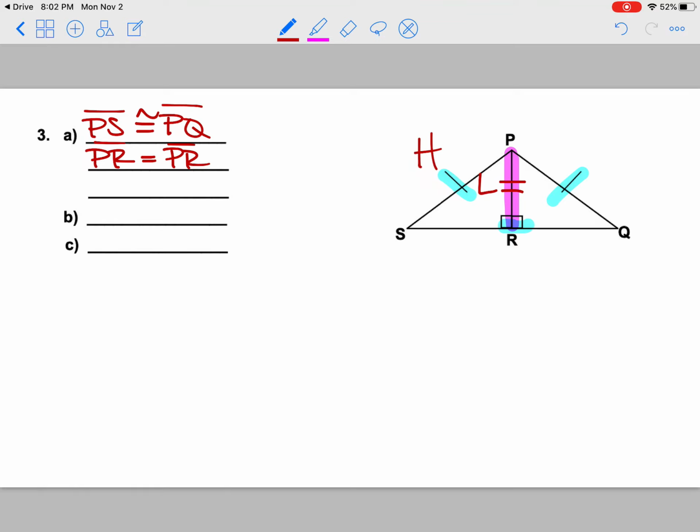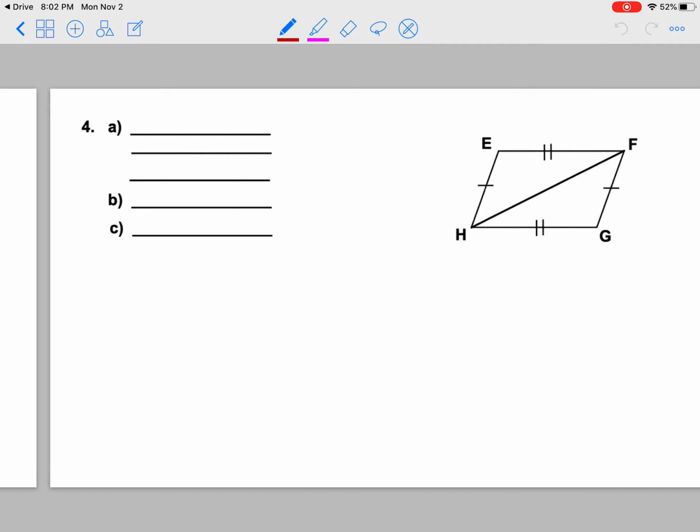And so that takes care of your two congruencies. We do know that we have a right triangle. So that might be something you want to write down to take note that we used HL because we had the right triangle. And so now we can say our two triangles are congruent. You can start with any order here. Let's start with S, P, R. And if we start with S, then we have to start with Q on the other triangle and finish out with PR.